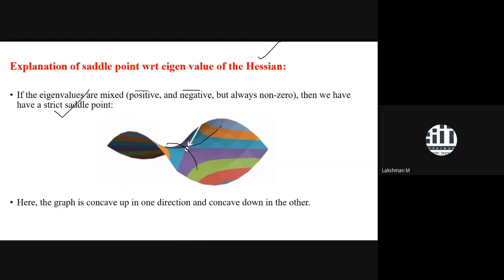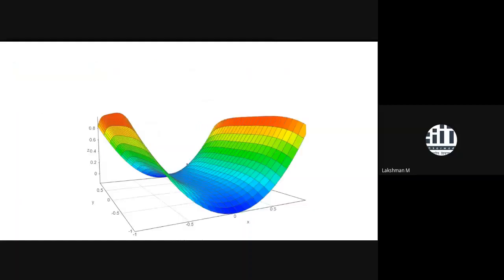That means concavity is up. So we can observe it this way. There are two kinds of curves we can observe for a function which has a saddle point. This white dotted line is a saddle point, you can say.